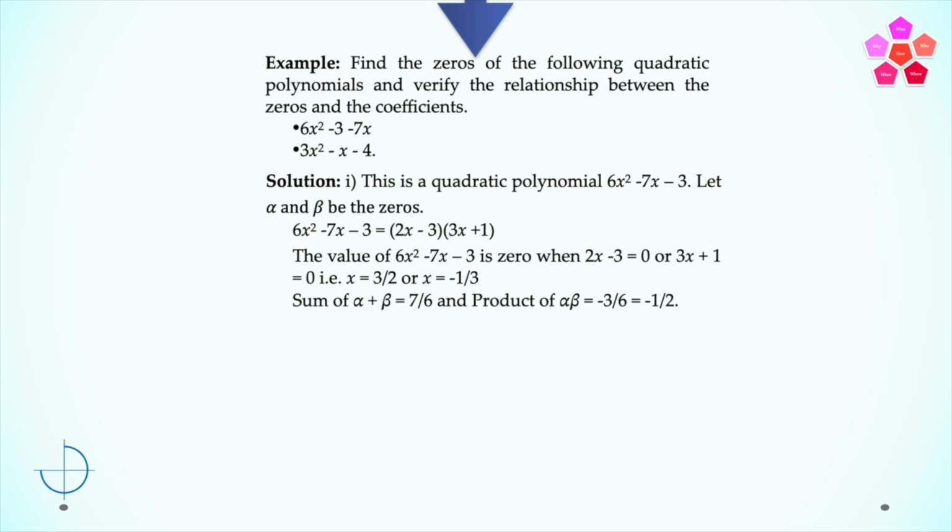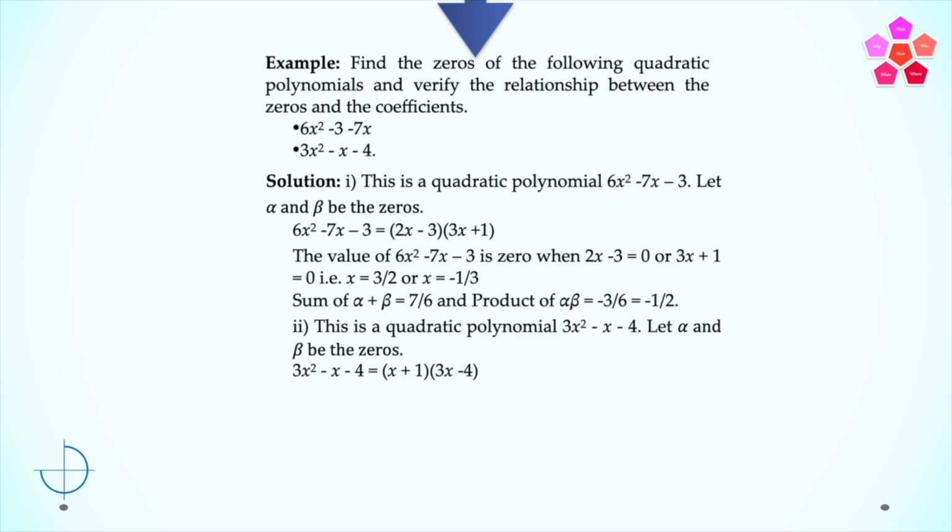Solving the second equation, this is also a quadratic polynomial, 3x squared minus x minus 4. So let alpha and beta be the zeros. Applying the same logic, 3x squared minus x minus 4 can be written as (x plus 1) into (3x minus 4).